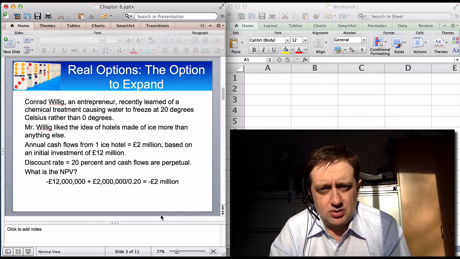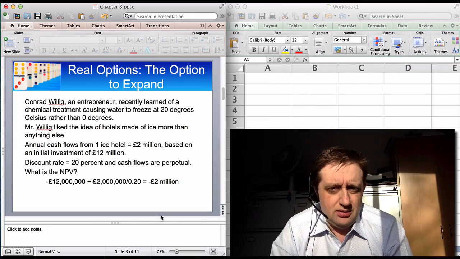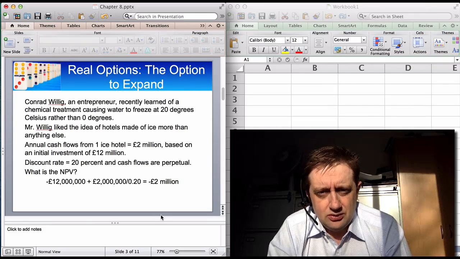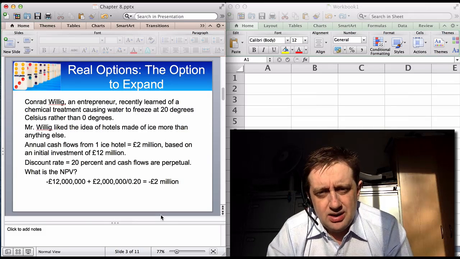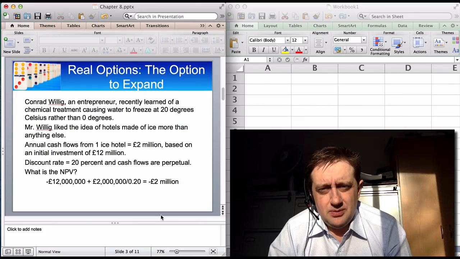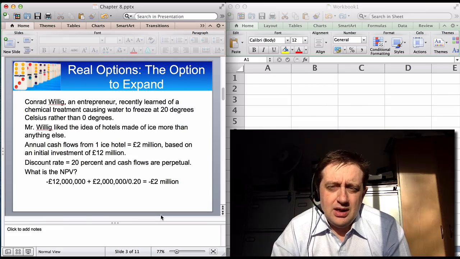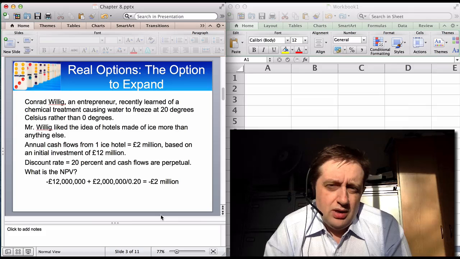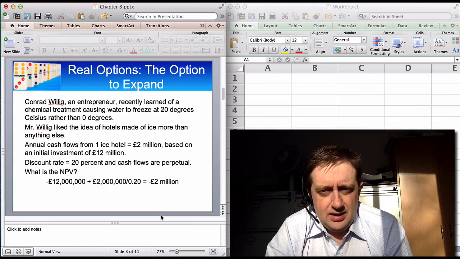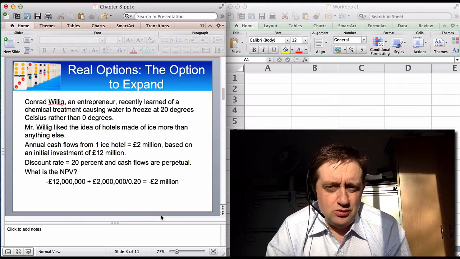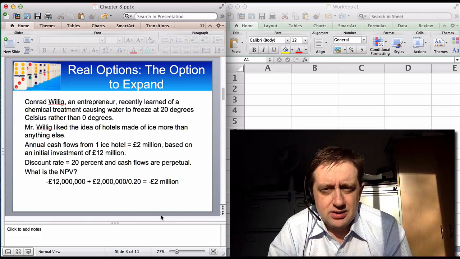Later chapters in my book go into the theory and the valuation in a lot more detail. But here we're just going to talk about what options really mean and how options have an impact on capital budgeting. The normal analysis that you would undertake in capital budgeting would be like an NPV analysis.